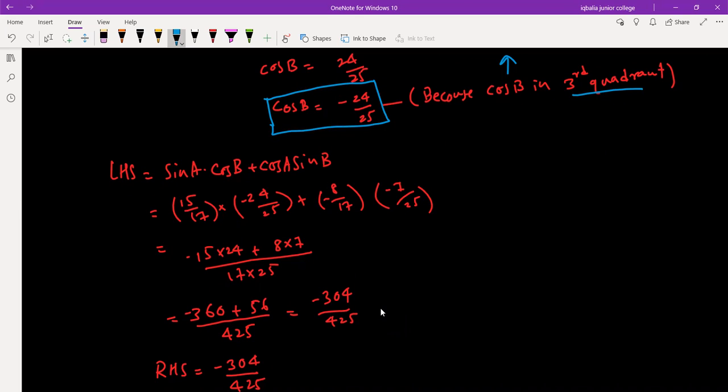Sin A is 15 by 17, into cos B which is minus 24 by 25, plus cos A which is 8 by 17, into minus 7 by 25. If I'm multiplying 15 into 24, I will get 360, so minus 360, and 8 into 7 is 56, and 17 into 25 is 425. So minus 360 plus 56 will be equal to minus 304 by 425. This is our right hand side.